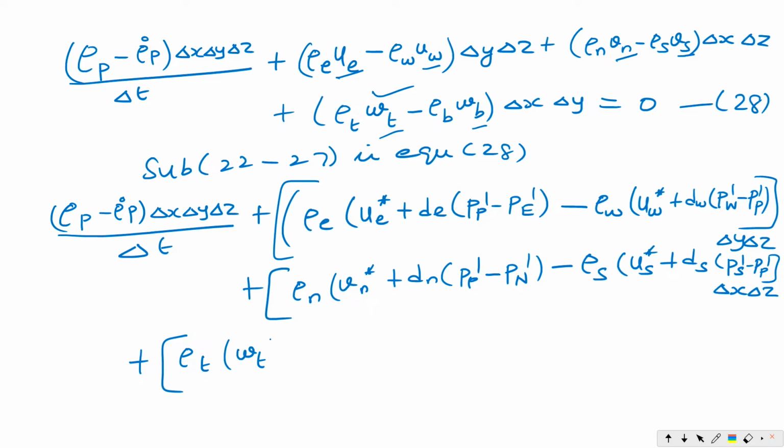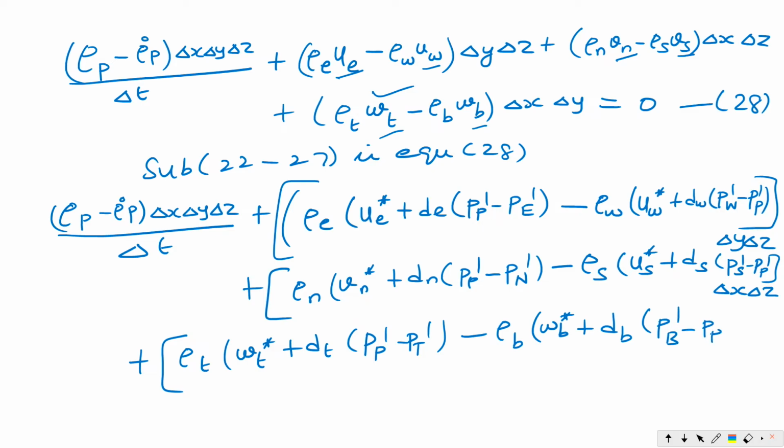Wt is nothing but Wt star plus dt of Pp prime minus Pt prime, minus rho b of Wb, where Wb is Wb star plus db of Pb prime minus Pp prime, into delta x delta y, since it is the z direction, equal to 0. Almost we are done.